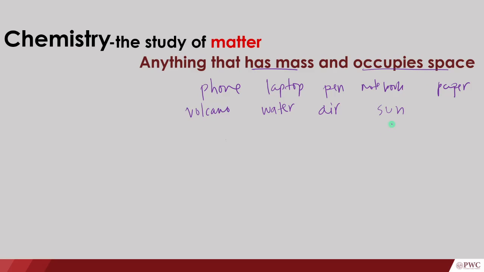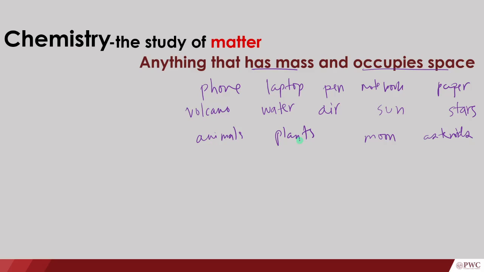So the sun is also a form of matter. Also, other stars are a form of matter. We also have the moon and the asteroids, the comets. These are all forms of matter. We also have animals and we have plants.